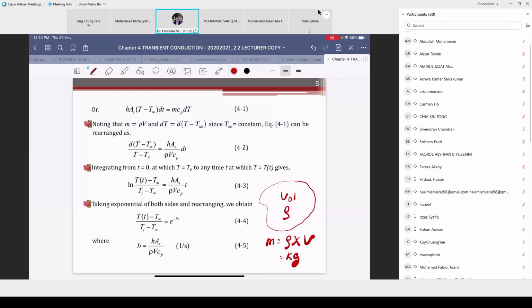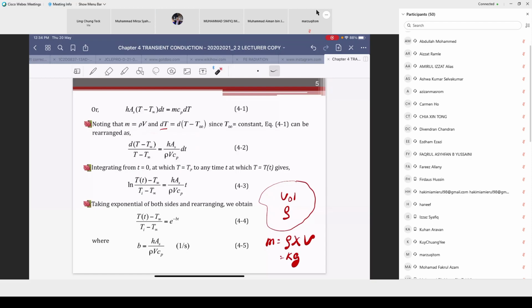Then the dT here, can you see? It is the difference between the initial temperature and the surrounding temperature. So if you rearrange, substitute everything, you will get this form.